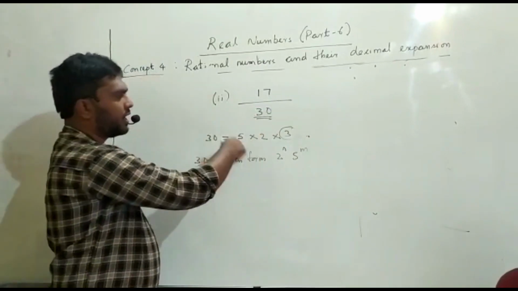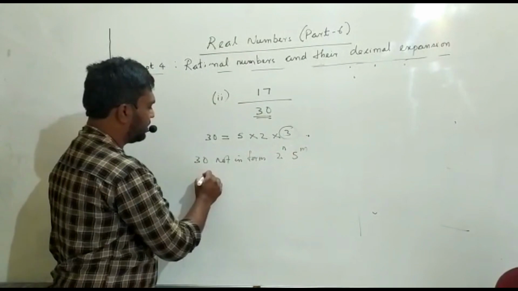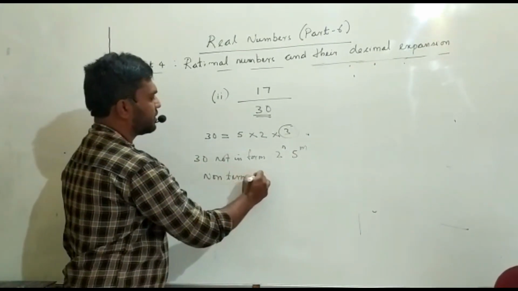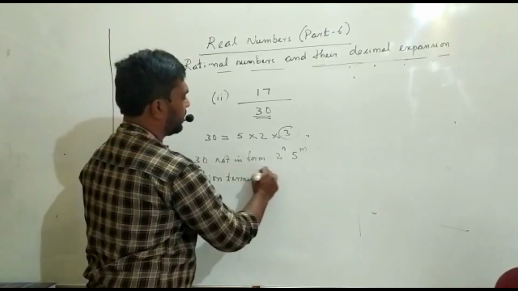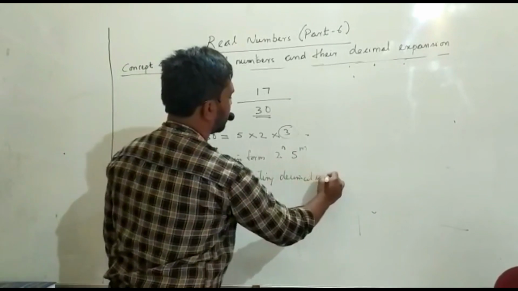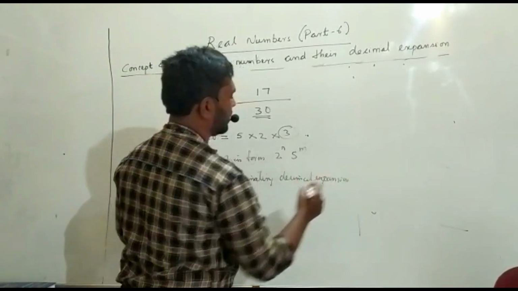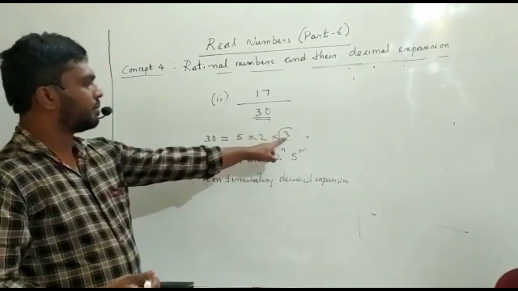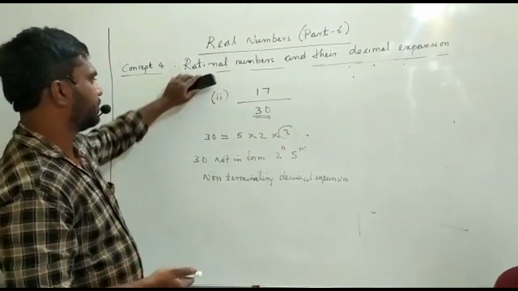So generally, if any other number comes, we can write that it has a non-terminating decimal expansion. Any other number coming means it's non-terminating. You just have to know this.